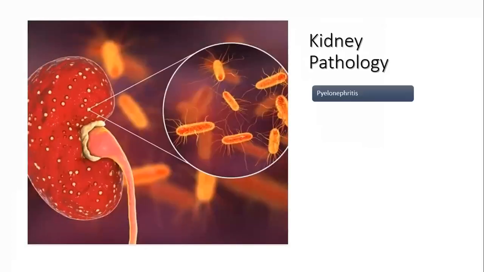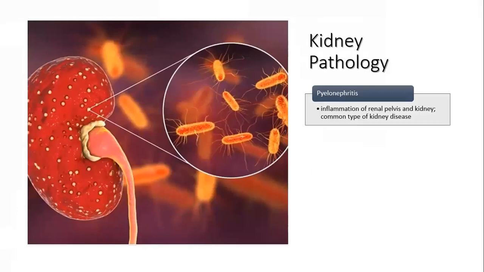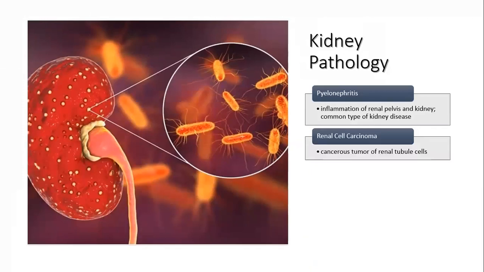Kidney pathology: pyelonephritis, inflammation of the renal pelvis and the kidney, a common type of kidney disease. Renal cell carcinoma, a cancerous tumor of the renal tubule cells, most originating from the proximal convoluted tubules.